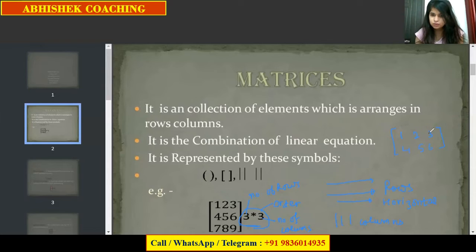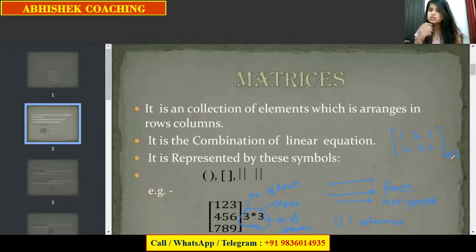The number of rows in this matrix are 1 and 2, so there are 2 rows, and the number of columns 1 2 3, so there are 3 columns. We should write the order at the last of the matrix, not in the middle.